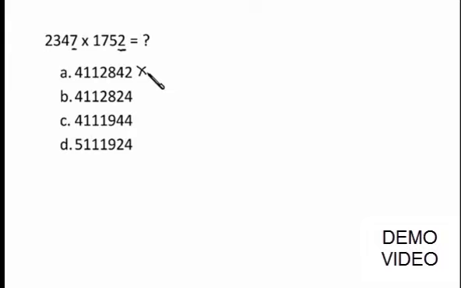Second thing, I'm just discussing 2-3 methods over here. It is 1752, that is around 1750, and this number is 2347, that is quite less than 3000. So the multiplication 1700 into 3000 will not give you a first figure more than 4. So this option is also eliminated.